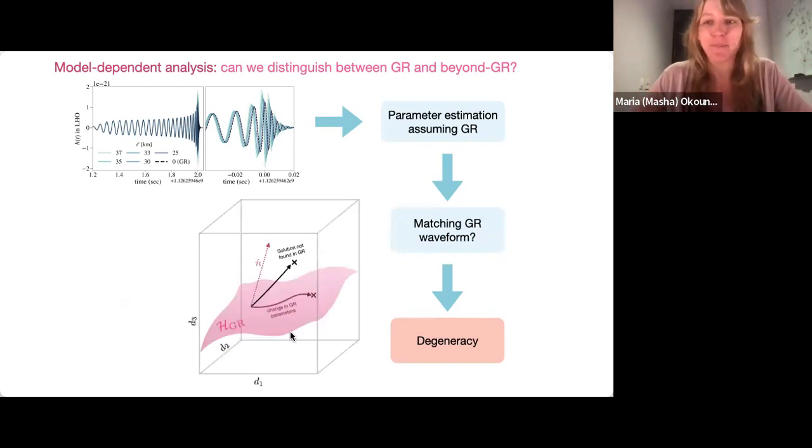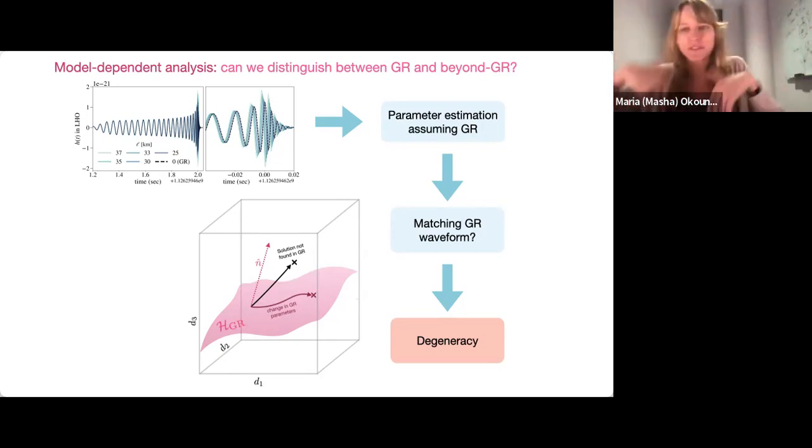So in other words, if I have a manifold here in waveform space corresponding to GR waveforms, in a very ideal situation, any sort of beyond GR effects that I introduce would take me off of this manifold to a solution not found in GR. But pathologically, if I had a degeneracy, I would just be moving along the manifold of GR solutions and just getting a change in parameters. So in other words, my beyond GR effects would be able to masquerade as GR. So I'd never really be able to test GR in this framework.